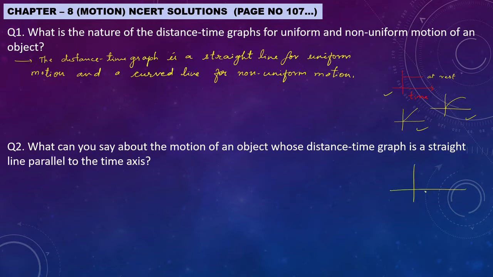If this is your time axis, always on the x-axis you will plot time. And if a line is parallel to this, it means its distance is not changing, right?